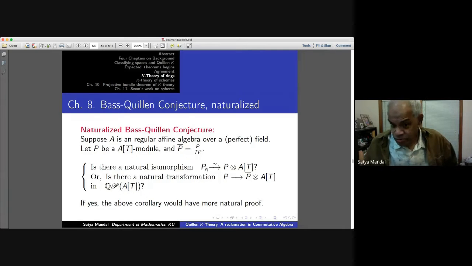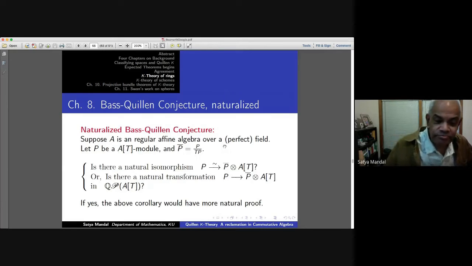And more, I'm saying Ravi, but of course there are younger projective modulists. How about K1? Can you give a simple proof that K1 of A is isomorphic to K1 of A[T]? So I'm giving you a problem. I stated some, but if you read it, you may be able to formulate more questions.